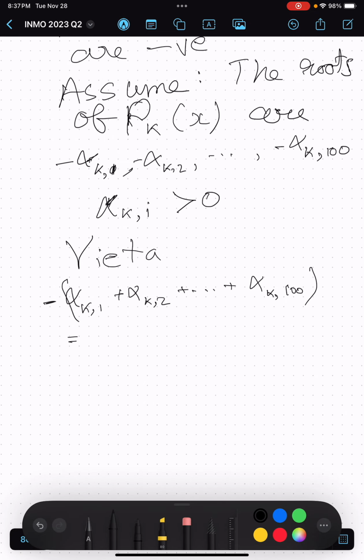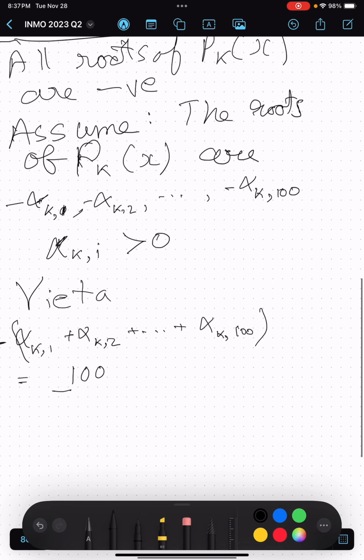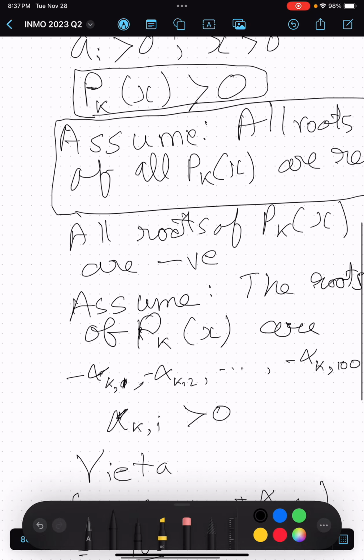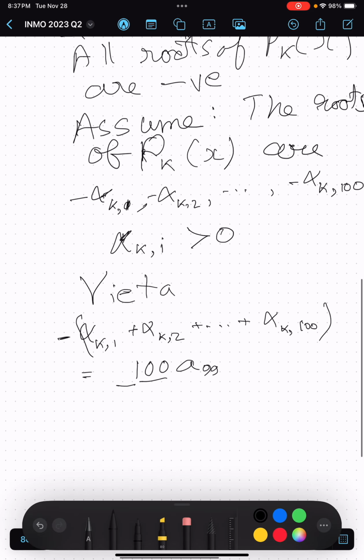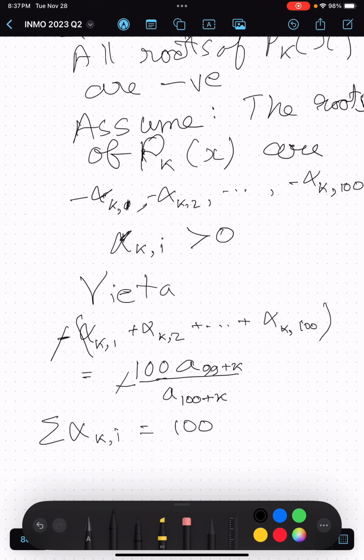That would give us minus of 100 a_{99+k} divided by a_{100+k}. Cancelling out the negatives, the sum of the roots alpha_{k,i} is equal to 100 a_{99+k} by a_{100+k}.